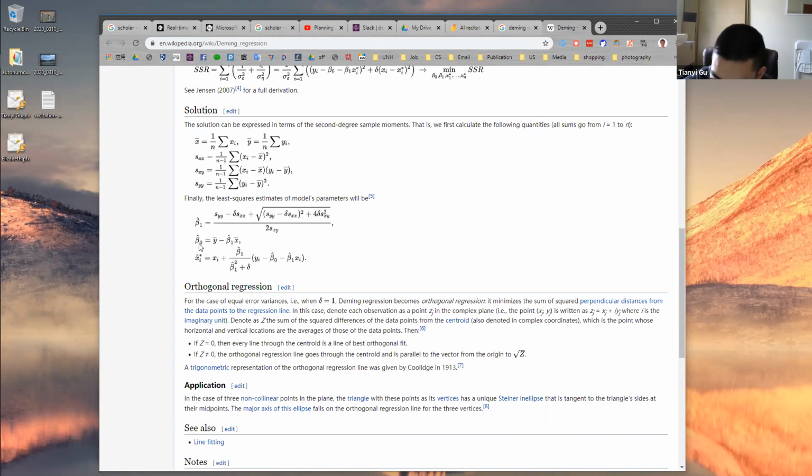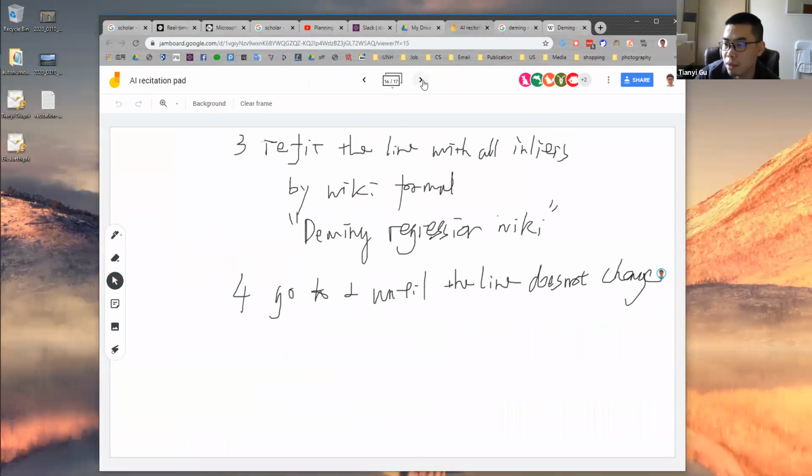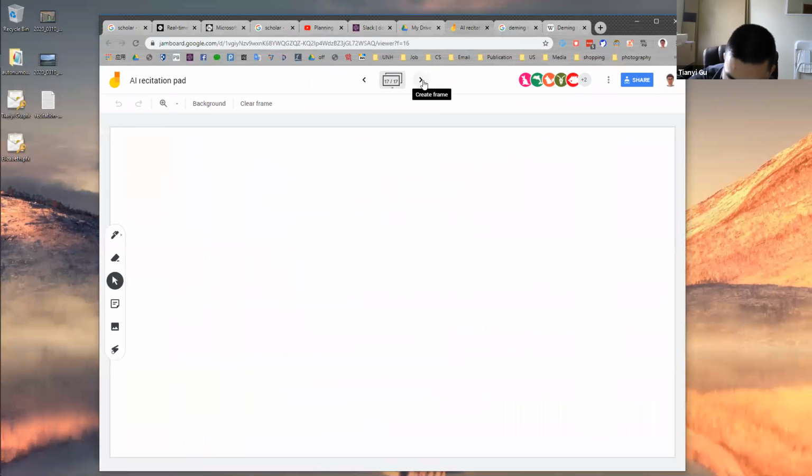So then we go to step B, which we didn't talk much about during the class. Once you have the line, you split it by the distance between the points' projections. You project the points onto the line and then split the line by the distance.